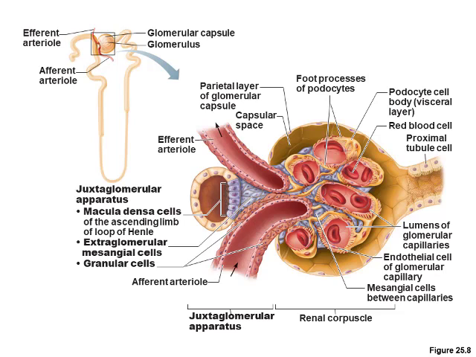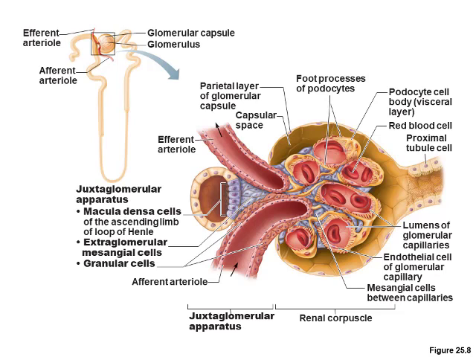So this is afferent arteriole, this is the distal part of loop of Henle, ascending limb.